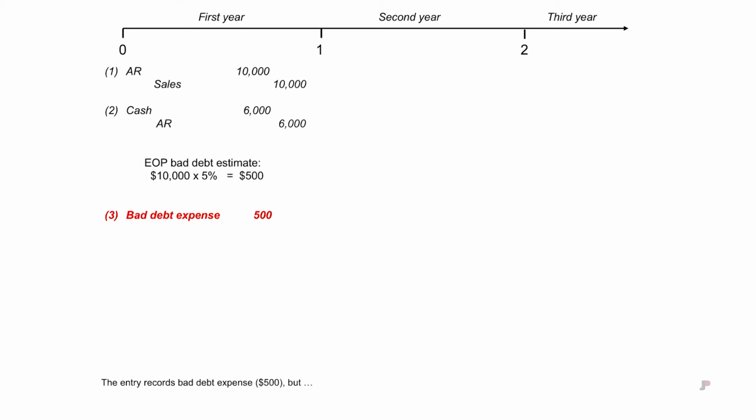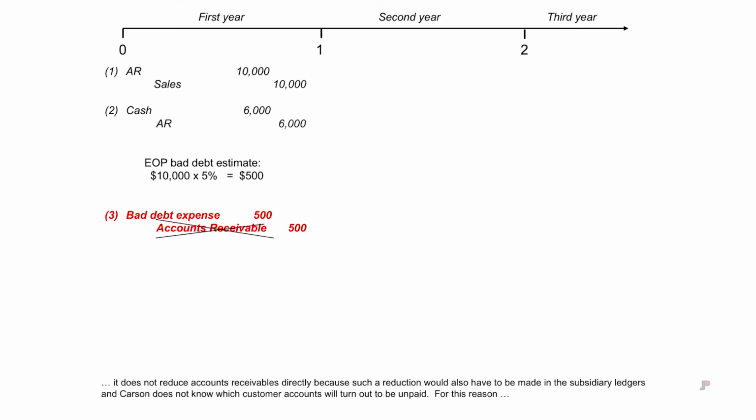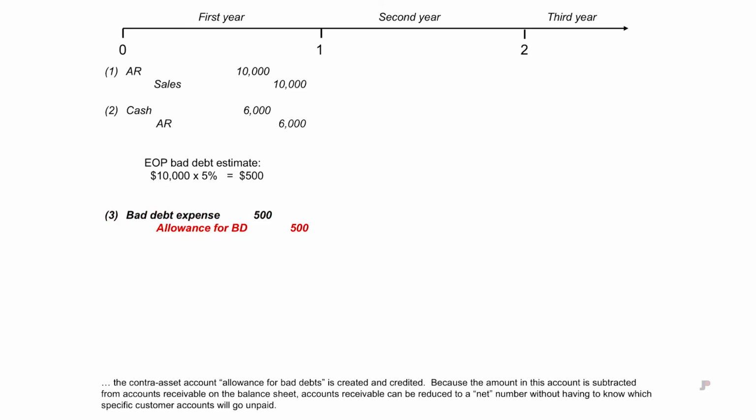The entry records bad debt expense, $500, but it does not reduce accounts receivable directly, because such a reduction would also have to be made in the subsidiary ledgers, and Carson does not know which customer accounts will turn out to be unpaid. For this reason, the contra asset account allowance for bad debts is created and credited.